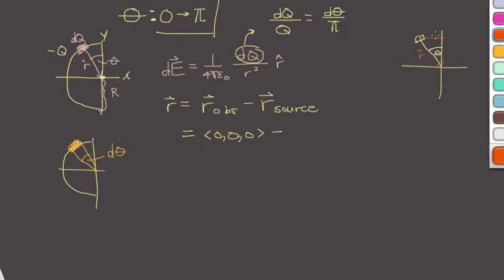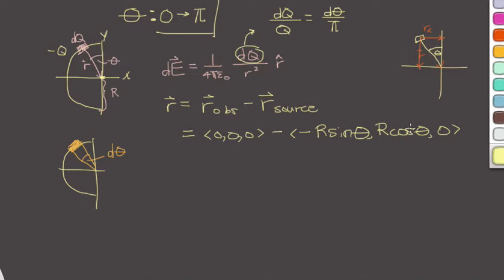If I'm interested in my rx, that points this way, right here, rx, and my ry will point downward, right? So the r of my source, reminding ourselves that the radius of the arc is capital R, is going to be negative R sine of theta, positive R cosine of theta, 0, just like that.